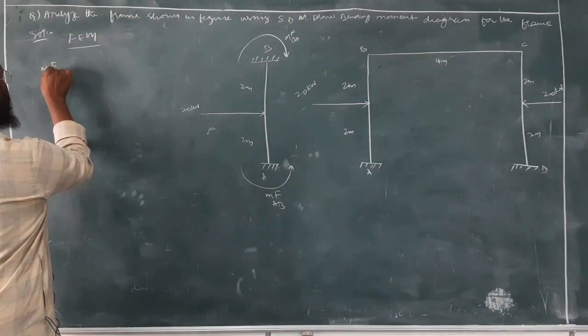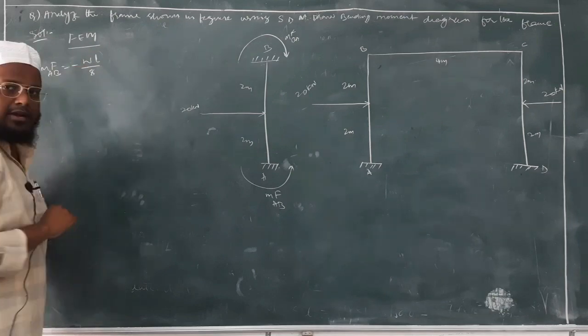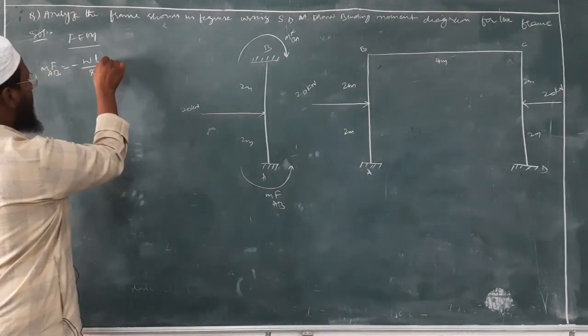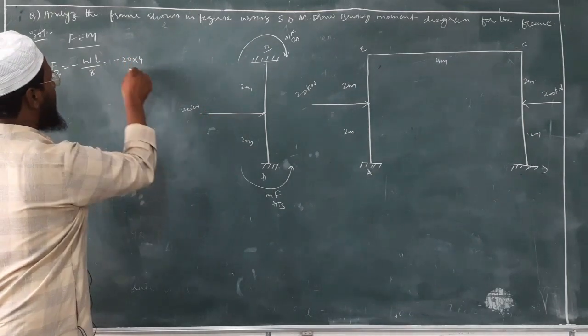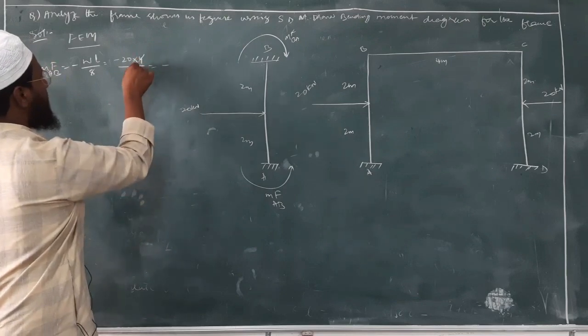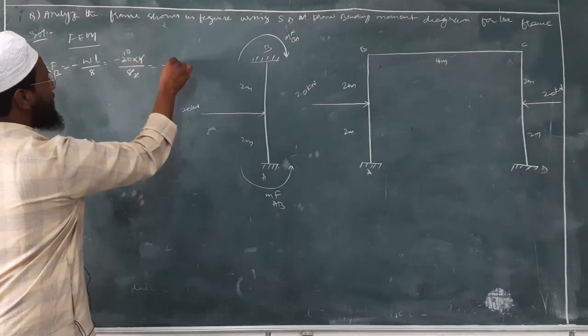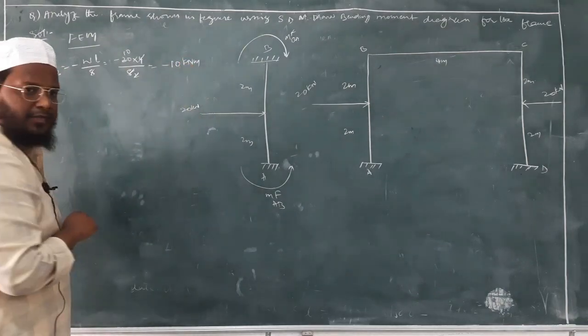So now what is the value of MFAB? Can you tell me? Minus WL by 8, isn't it? So what is the value of W there? Minus 20 into span of L is 4 divided by 8. 4 ones are 4, twos are 2, ones are 2, tens are, so minus 10 kilonewton meter, isn't it?